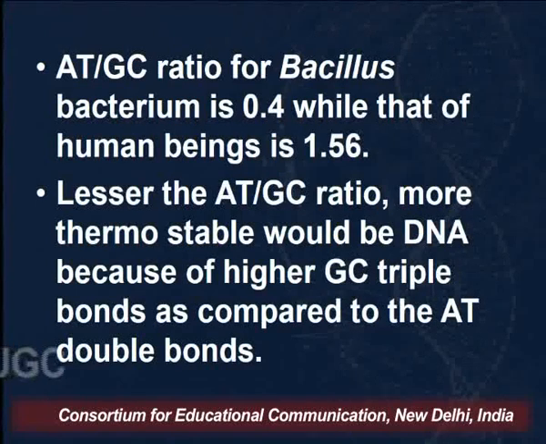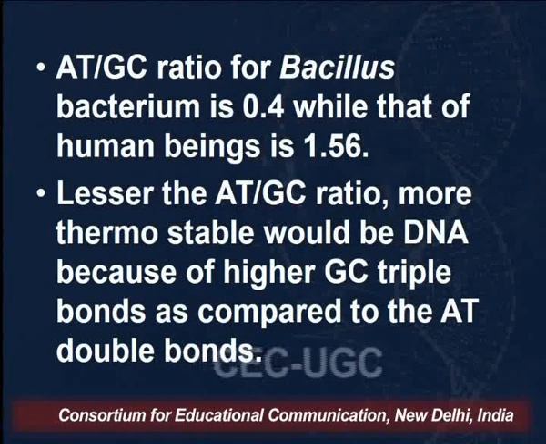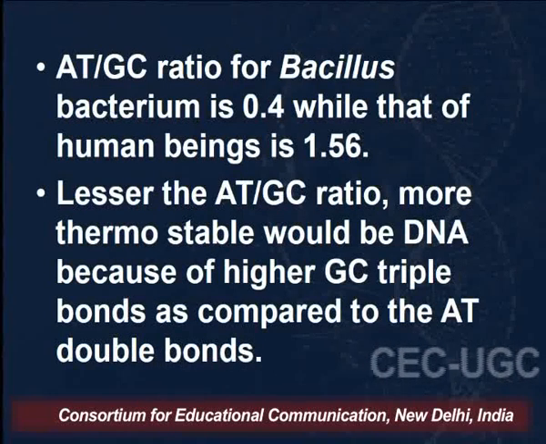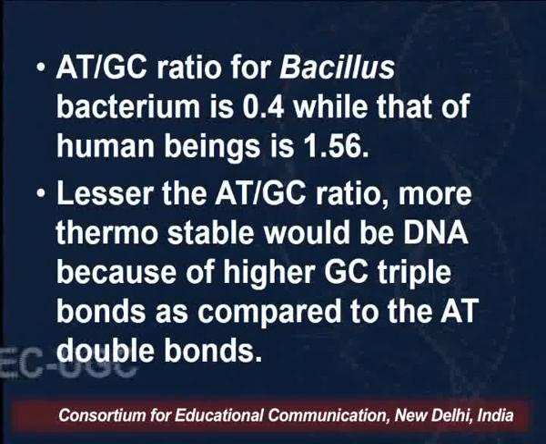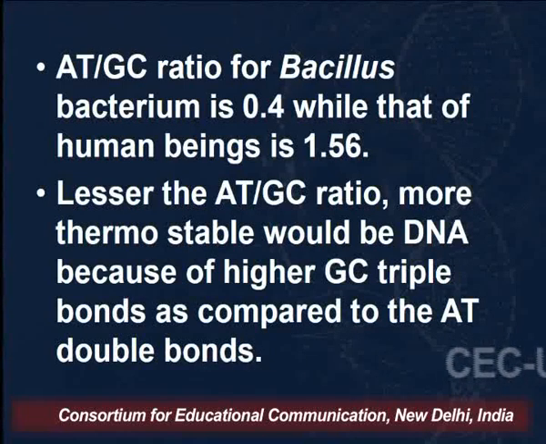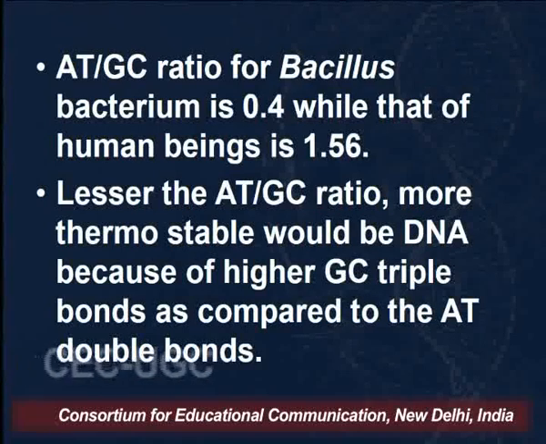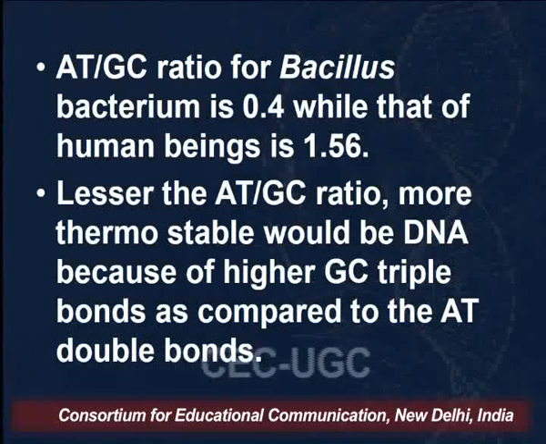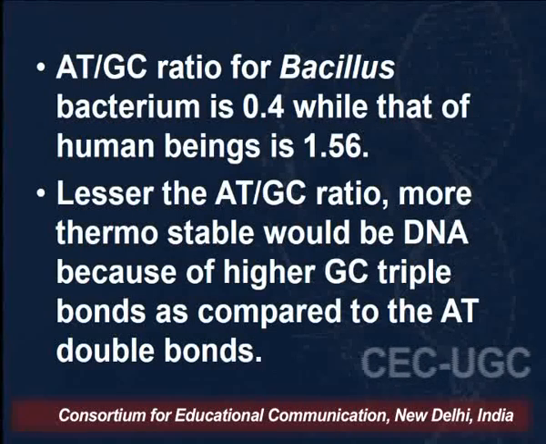For example, the AT-GC ratio for Bacillus bacterium is 0.4, while that of human beings is 1.56.